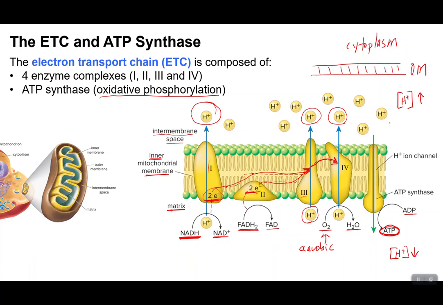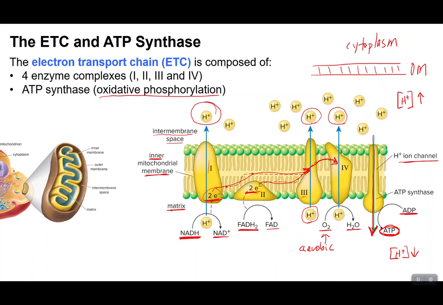So these protons in the intermembrane space are going to want to flow back into the matrix to equalize this concentration difference. And it is this flow of protons through this ion channel. You can think of there being a little tunnel through this ATP synthase enzyme, where these protons are going to flow through. And that flow is going to provide the energy to phosphorylate ADP and convert it to ATP.